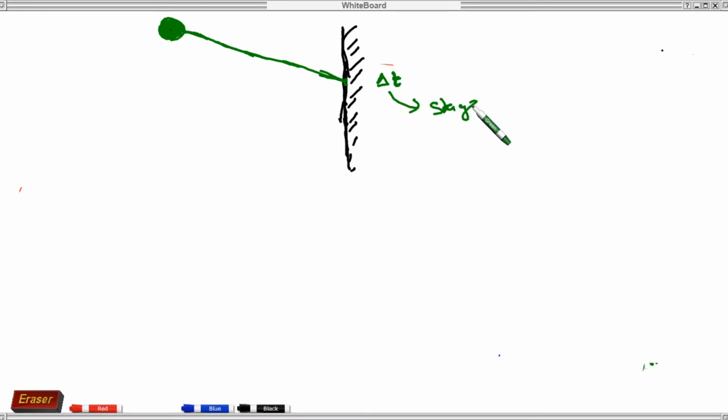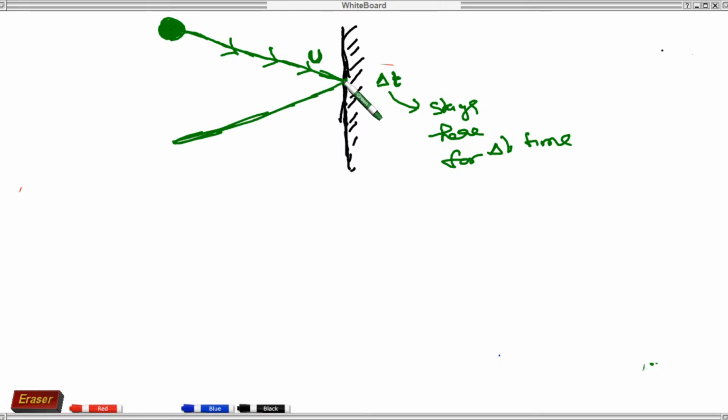The ball stays here for delta t time, and it strikes with u velocity. After that, it bounces back. Again, we are considering the same velocity. Here, it comes back with the same velocity u.